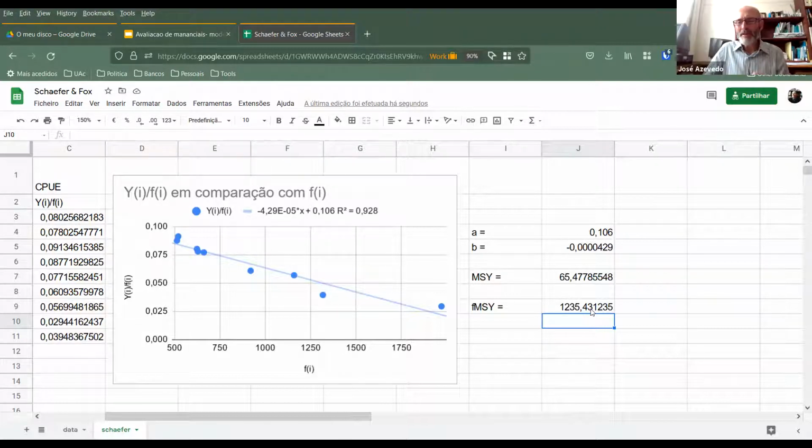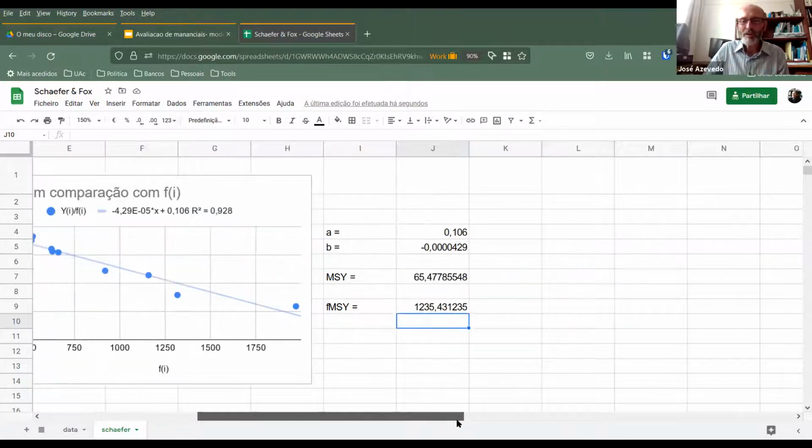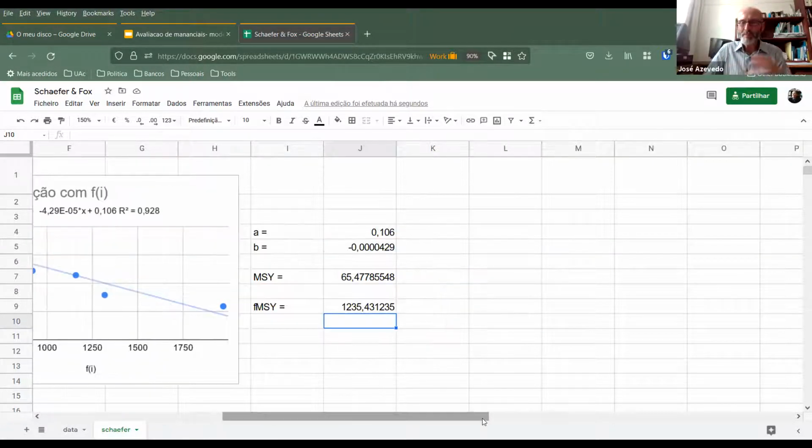In any case, just to complete this analysis, let's have a look at the shape of the model, because we're not looking at the model yet. We've just calculated the parameters and the values we wanted.